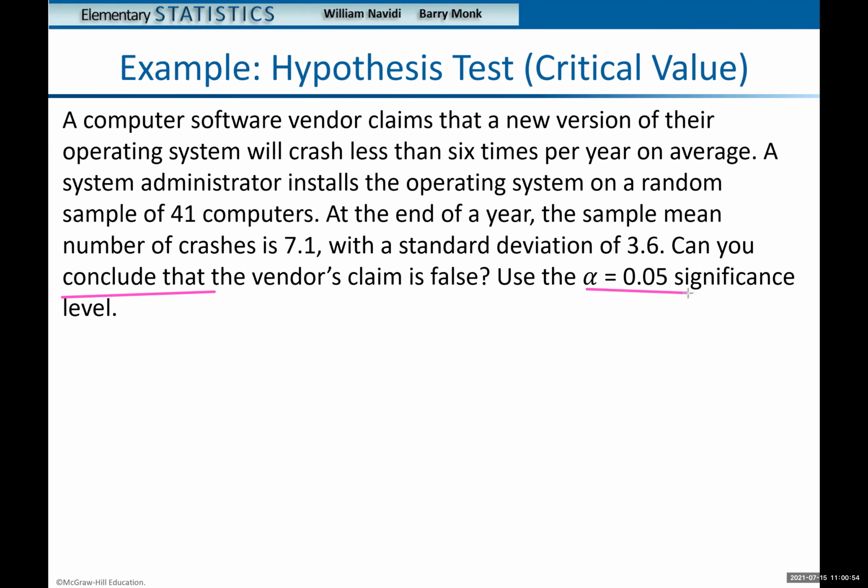Here there's only one sample size, which is 41 computers, and you see there is no population standard deviation. So how do we start with this?